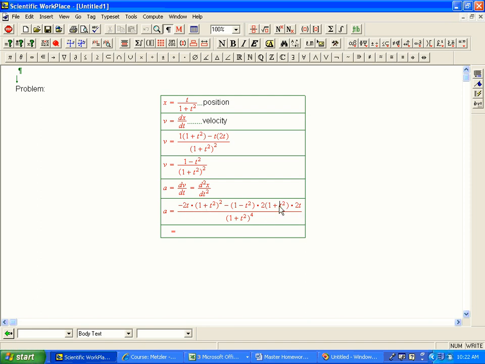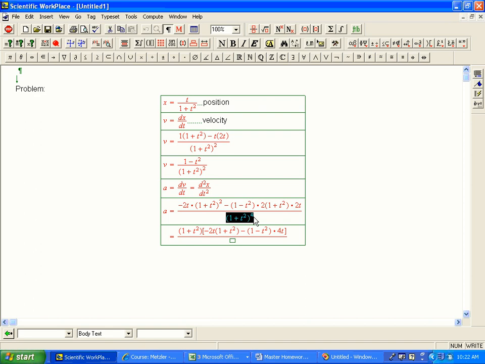So, 1 plus t squared on the top is a common factor, and that's going to cancel out on the bottom. Let's do it carefully, because people tend to get into the error of doing partial cancellations when we do this not carefully. I'm going to just factor out the 1 plus t squared. That leaves minus 2t times one other factor, 1 plus t squared, and then minus 1 minus t squared times 4t.